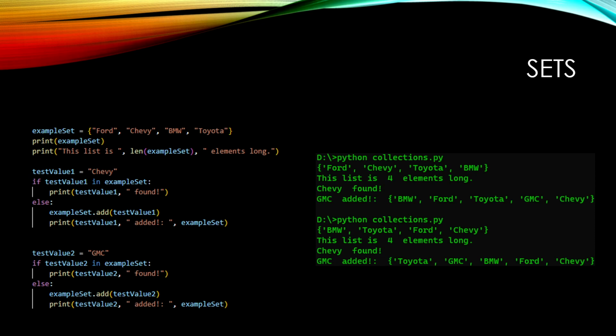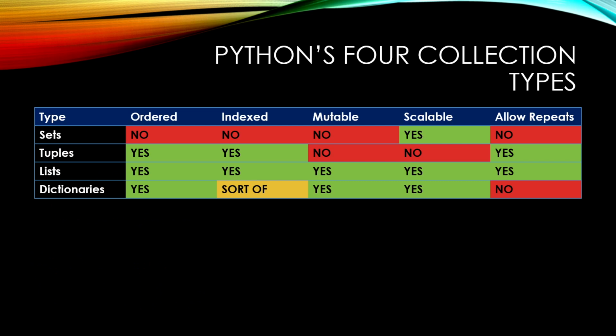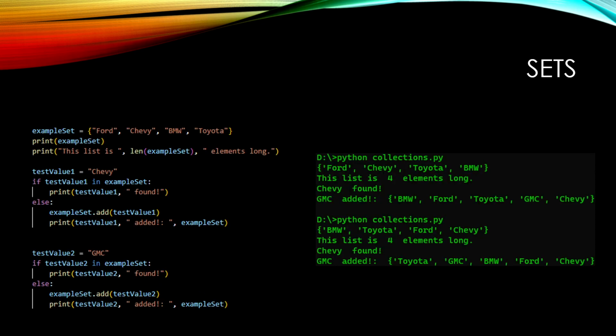Like I said, the principle is there. So we print it, we see open curly brace, Ford, Chevy, Toyota, BMW. Hold on, that's not the same order. That's where the point made in the previous slide comes in. They're not ordered. So when you print them, you're not necessarily going to get the same order.